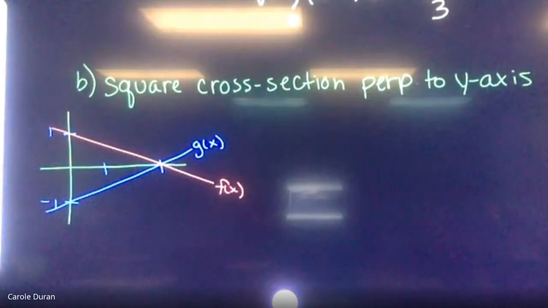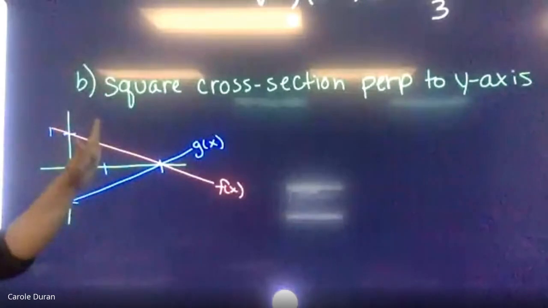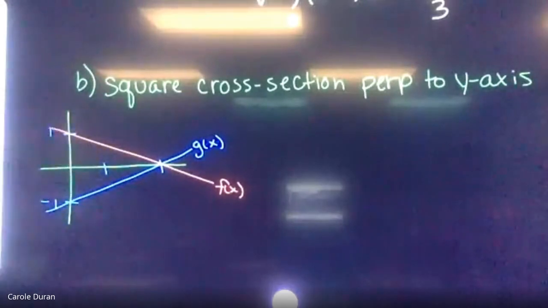What did change, though, between this and the previous problem? What changed? Perpendicular to what? The y-axis instead of the x. So before, I sliced this direction to get my cross-section. This time, I'm slicing this direction to get my cross-section.